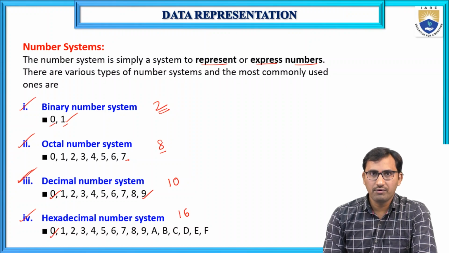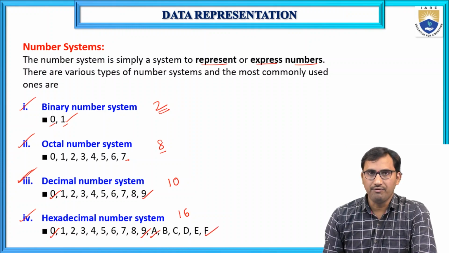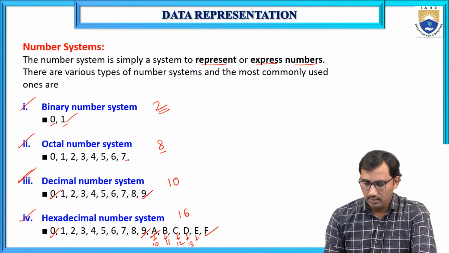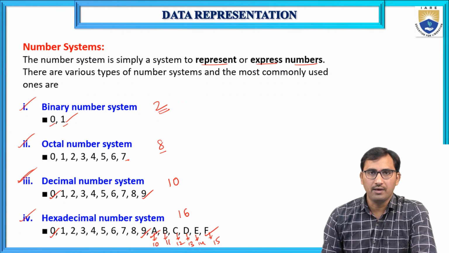So the numbers are from 0 to 9 and the alphabets A to F. So A corresponding to 10, B corresponding to 11, 12, 13, 14, 15. So F corresponding to 15. So these are the various number systems in the computer.